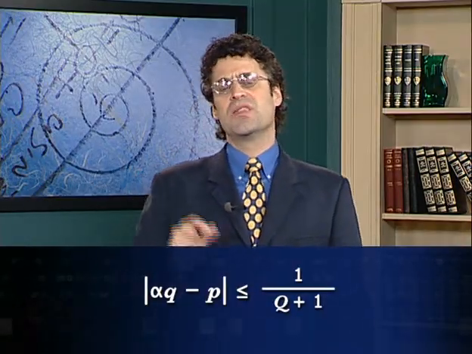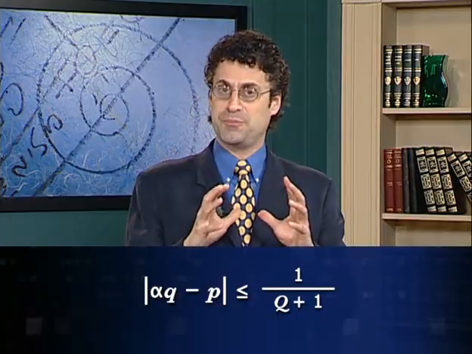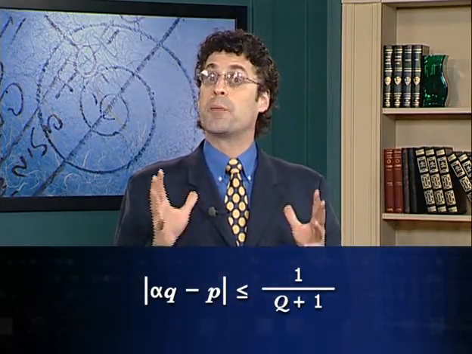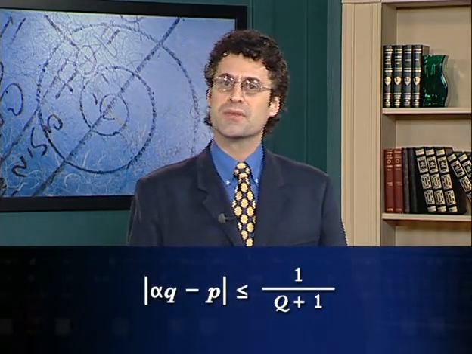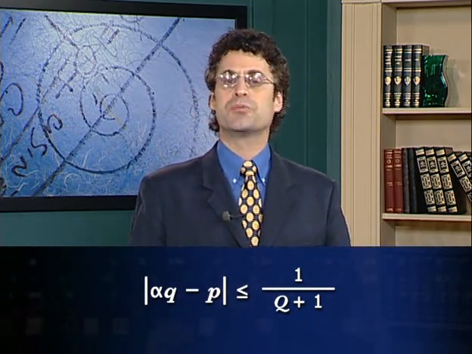And let's notice that as capital Q gets larger and larger, then 1 over (capital Q plus 1) gets smaller and smaller and is, in fact, approaching 0. So by Dirichlet's theorem, the absolute value of alpha q minus p is approaching 0 as well.